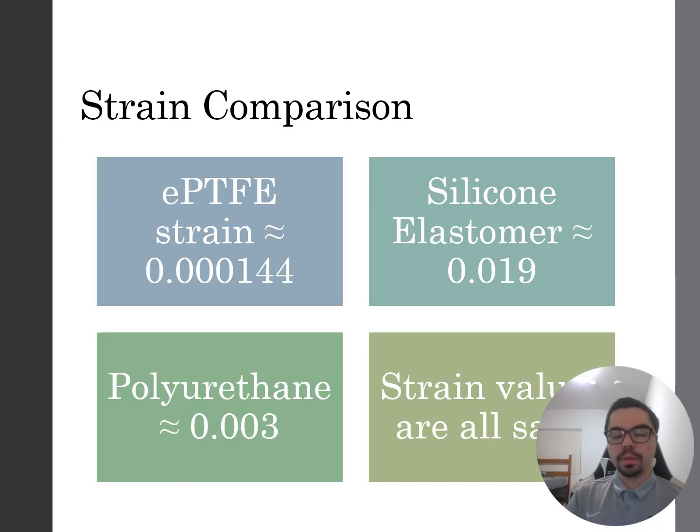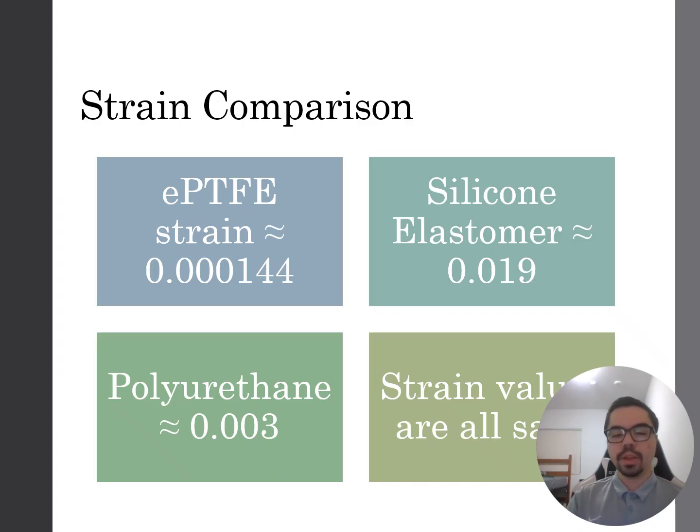So when we solve for the strain, which is simply the stress that we calculated before divided by the elastic modulus, we get these strain values, with the EPTFE being the lowest, followed by polyurethane, and then finally silicon elastomer. And all these strain values are safe. They're far below factors of safety.